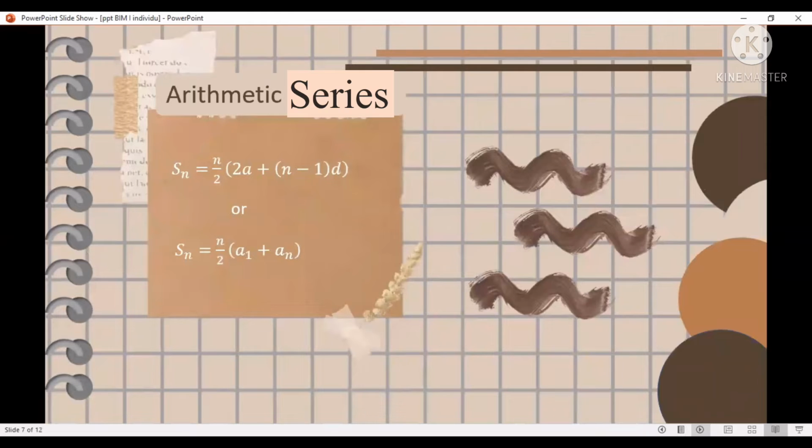The following is the formula for arithmetic series. Sn equals n divided by 2, open bracket, 2 times A plus open bracket n minus 1 close bracket multiplied by D, close bracket. Or Sn equals n divided by 2, open bracket A1 plus An, close bracket.